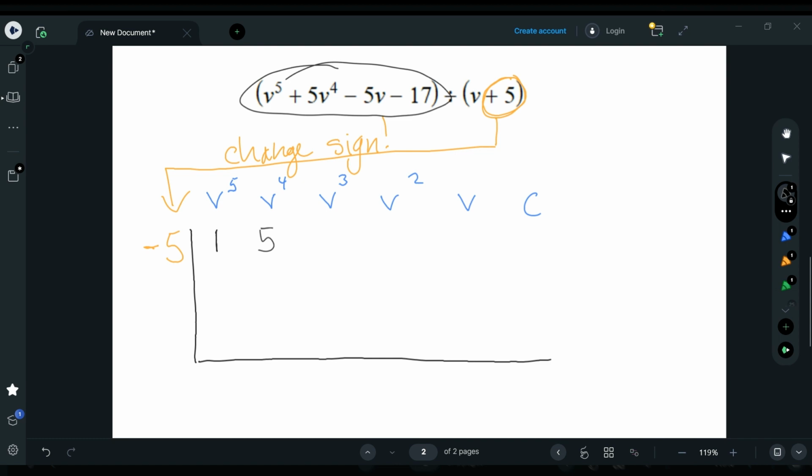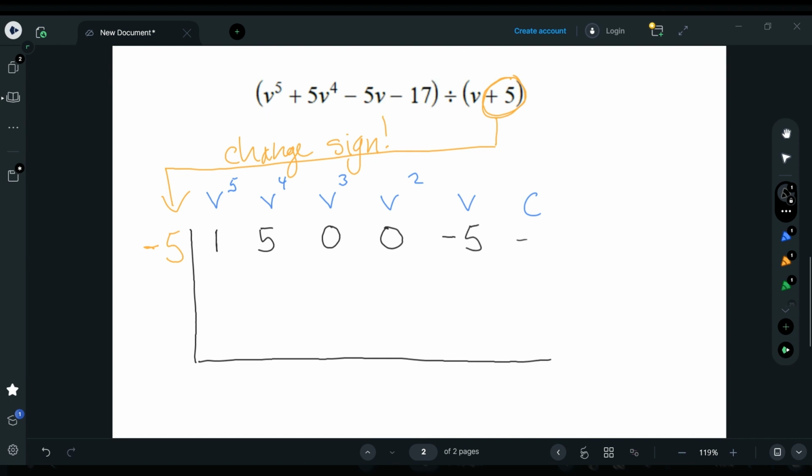There's also no v to the power 2. So what do we do when we're missing those terms completely? We can't ignore them. We still have to fill in a value in that column. And if you don't have the term, that means its coefficient is a 0. So we'll put a 0 here and a 0 here. And then for our v term, here's the coefficient, negative 5. And then for our constant term, that's the negative 17.